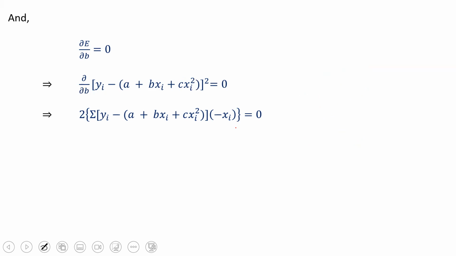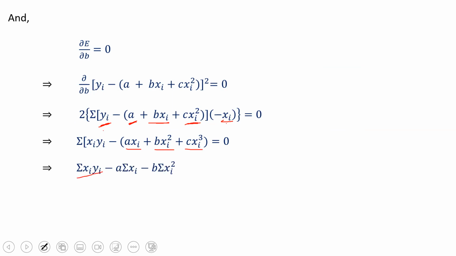Again, divide the whole equation by 2 and minus 1, and then multiply all this by xi. So what we have: xi yi, first term, a xi, b xi whole square, and c xi whole cube. Again, simplify it. Sum of xi yi. Let us open the bracket: minus a sum of xi, minus b sum of xi square, minus c sum of xi whole cube equal to 0.